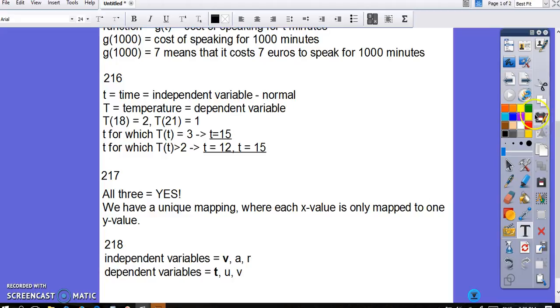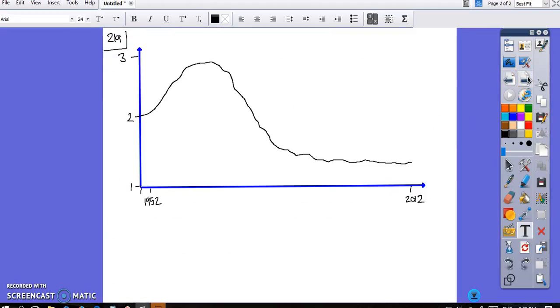So our final question, 219, involves a graph, and I've done a little sketch of it here to be able to show you how to read off the different values that you need. This is an important skill that often comes up in the Matura actually. It might seem quite simple, but it's something that is often asked within the exam. So, first of all you need to justify that the graph gives a functional relationship.